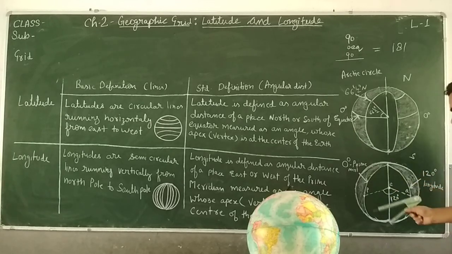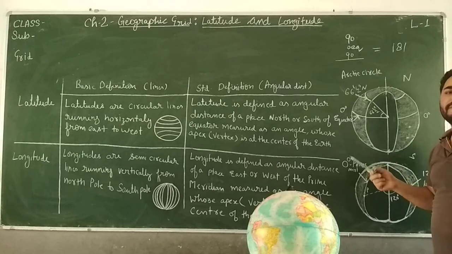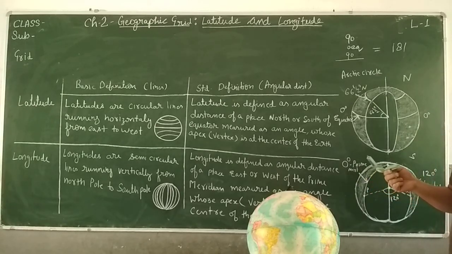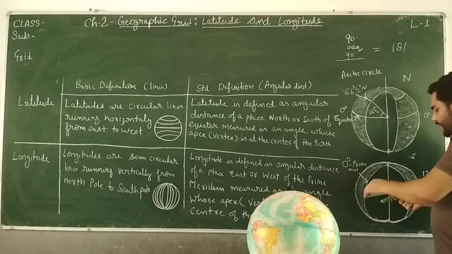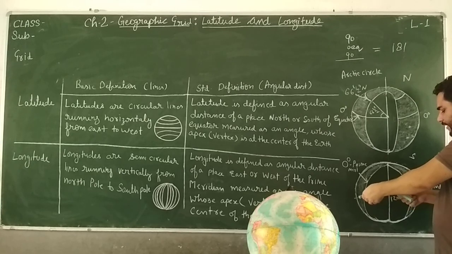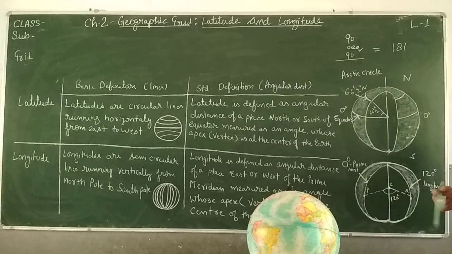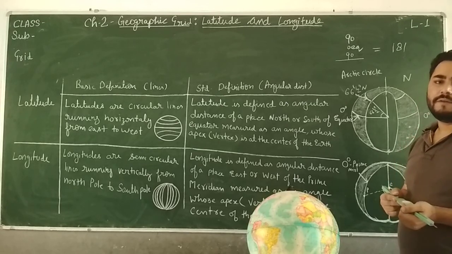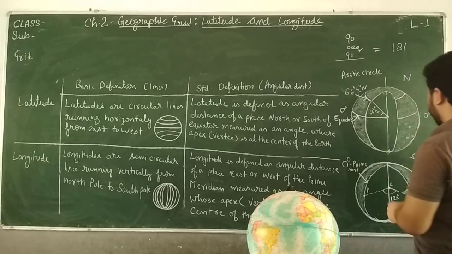That line is called the line of reference, or prime meridian, the 0 degree longitude. From this prime meridian we will measure the angles. Suppose it is measured like this, then like this, and then 120 degree. And if it is straight, the line opposite to this will be 180 degree. So we measure this way.